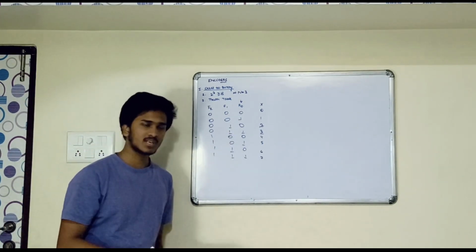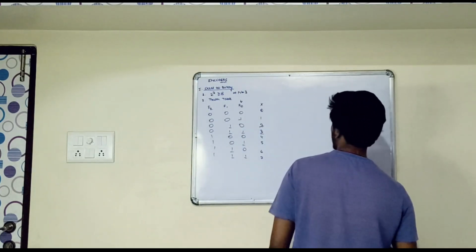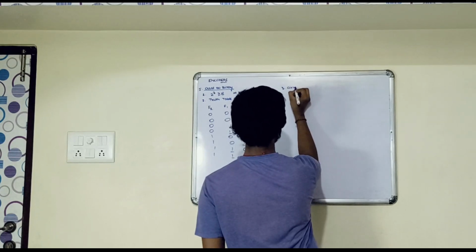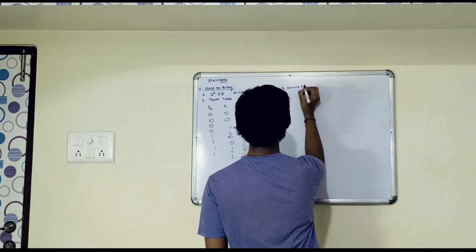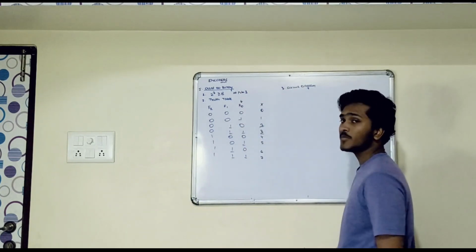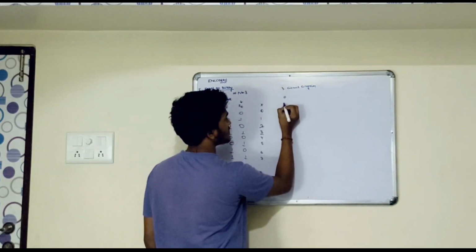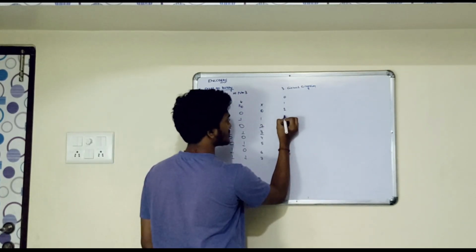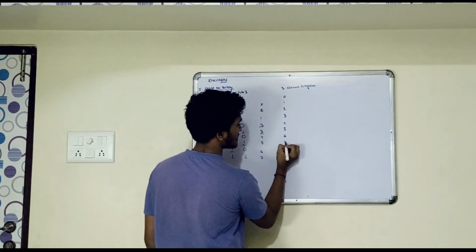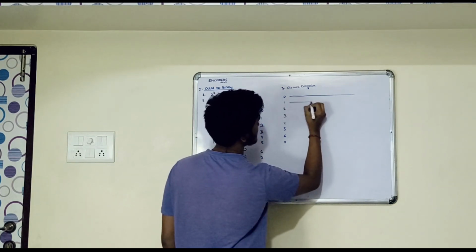We'll implement the logic gate circuit diagram using an OR gate for this particular encoder. So here is the circuit diagram. In order to implement the circuit diagram, you just number 1, 2, 3, 4, 5, 6 and 7 and draw horizontal lines like this.